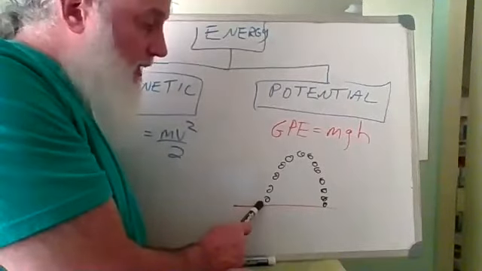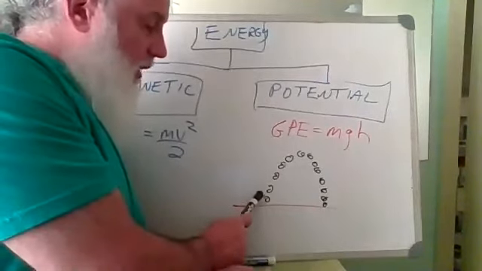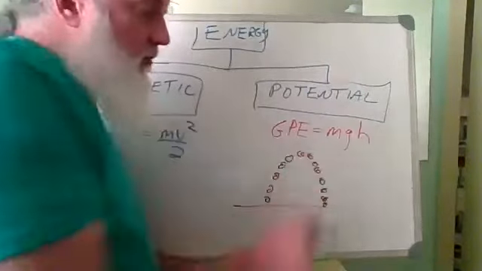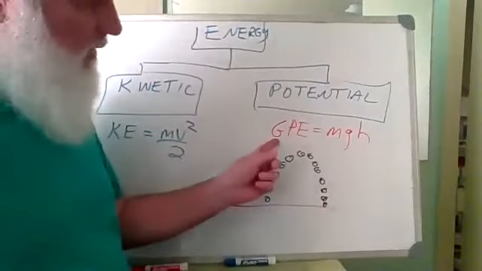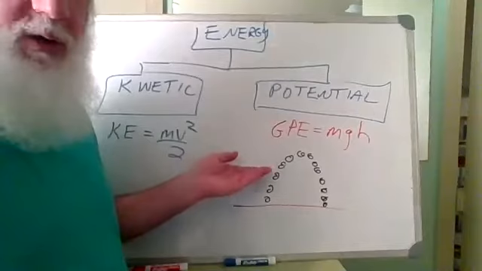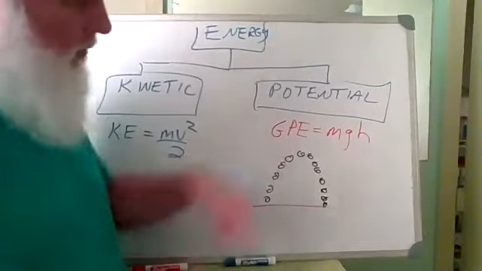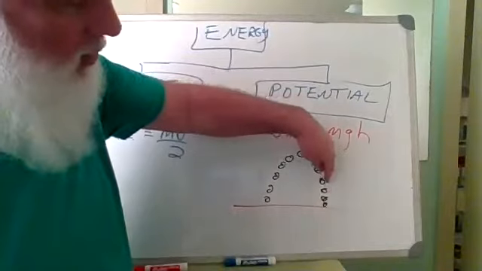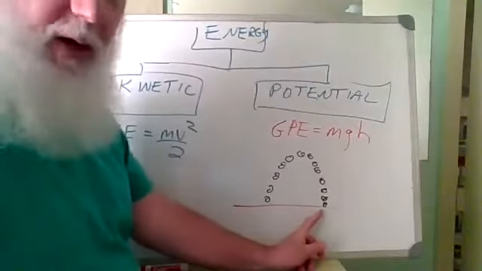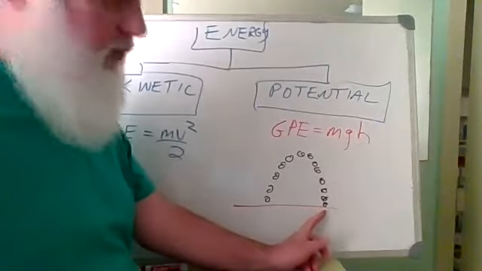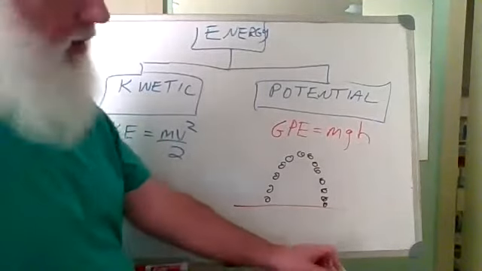But now the ball starts going higher and higher into the air, and H is getting bigger and bigger. So the gravitational potential energy is getting bigger and bigger as the ball goes higher into the air. But then it starts to come back down, so H is getting smaller and smaller. Finally, when it's back on the ground again, the gravitational potential energy is zero because the height above the ground is equal to zero.